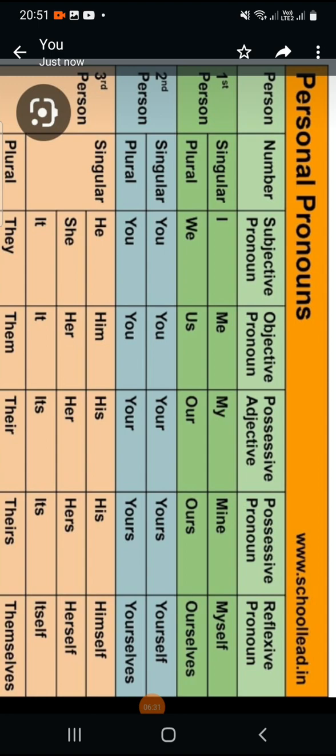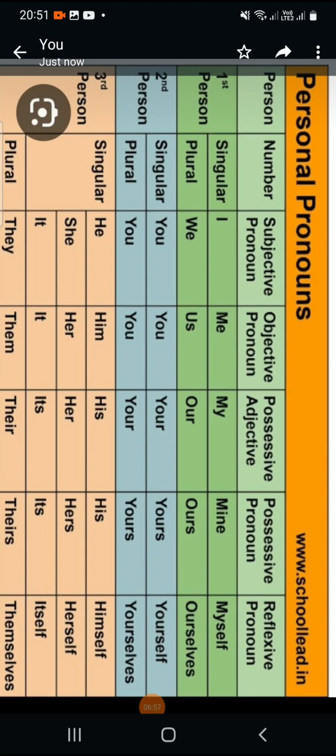And third person, the person who is not between us, right, is called third person. Third person may be singular or plural, but for third person you have to imagine gender also, because you are not able to see him or her. So he, she, it, these are the third person.